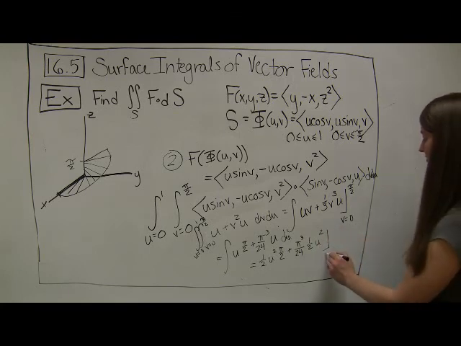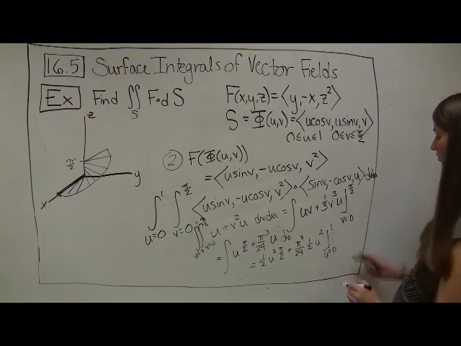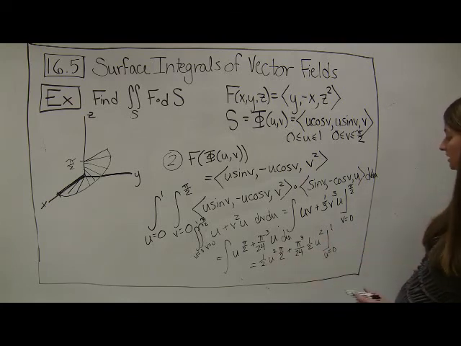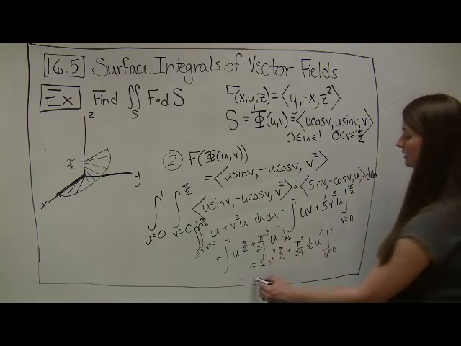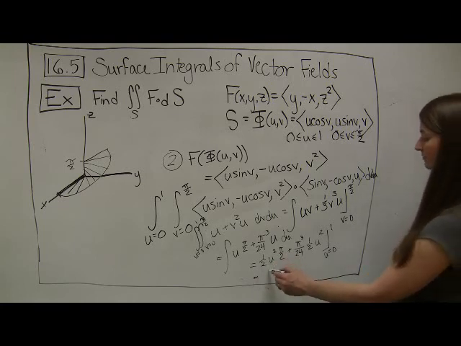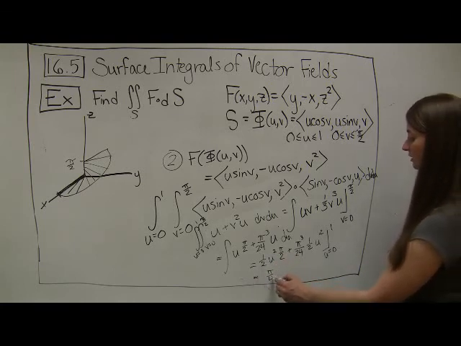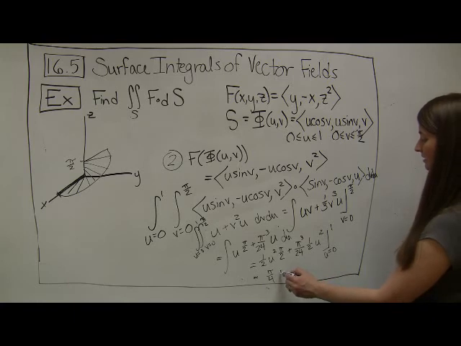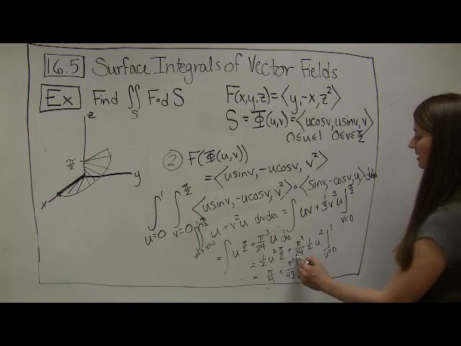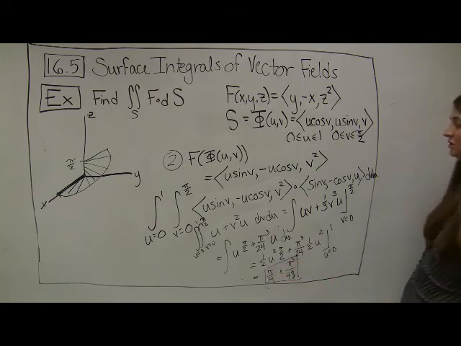I evaluate this from u equals 0 to 1. When u equals 0, all of this turns into 0. But when u equals 1, I get pi over 4 plus pi to the third divided by 48. And that's my answer. So no one said that this was pretty, but it's really not that computationally difficult.